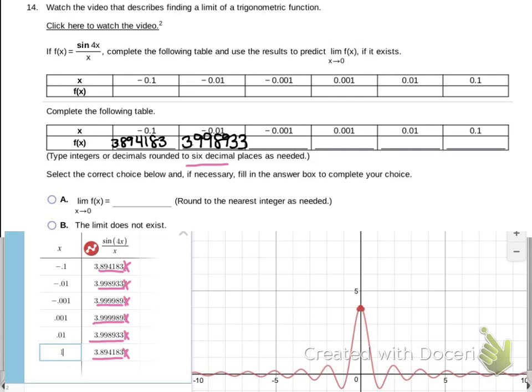If MyMathLab says round to 6 decimal places and you do not, you put in all 7, it will count it incorrectly. Now I'm not there with you, so that could be very frustrating. You're doing everything right, but it's a rounding issue, so please make sure you read those rounding instructions.